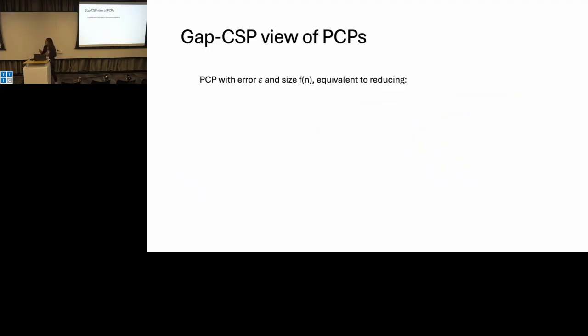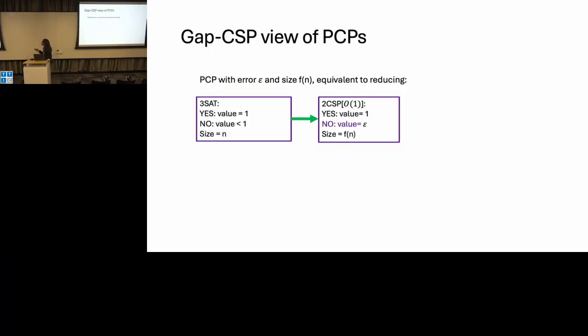Okay, and now this alternative view of PCPs makes it convenient to construct PCPs, which is that a PCP with error epsilon and size f of n is just equivalent to reducing the 3-SAT problem to 2-CSPs with a gap, where yes instances of 3-SAT go to yes instances of 2-CSPs, and no instances of 3-SAT go to instances with value which is really small.